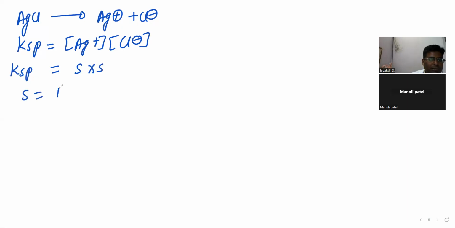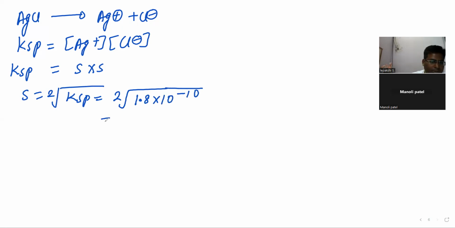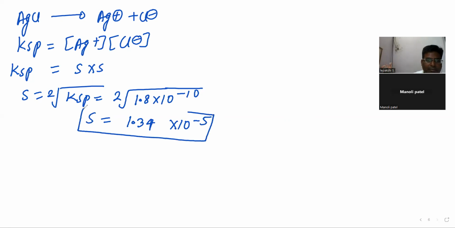So S is the square root of Ksp. We know the Ksp for AgCl is 1.8 × 10^-10, so the value will be 1.34 × 10^-5. This is the S value.